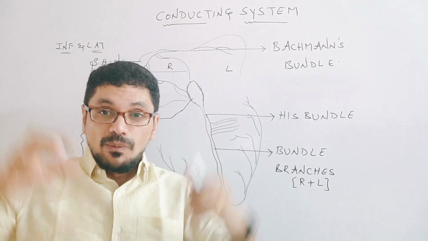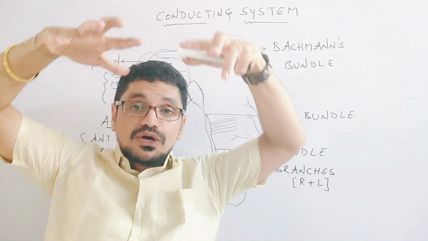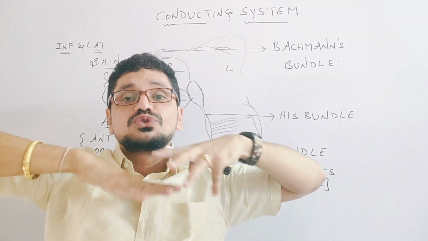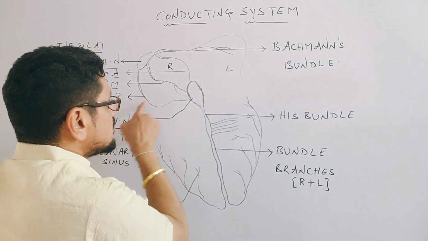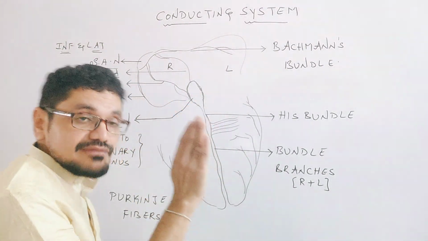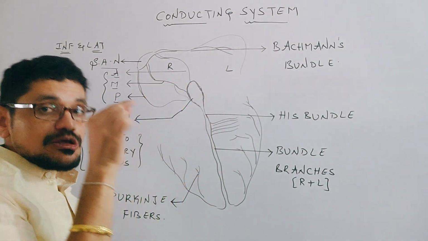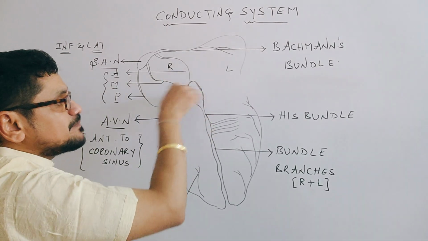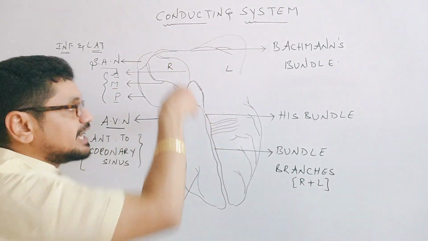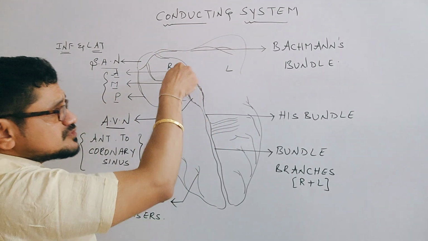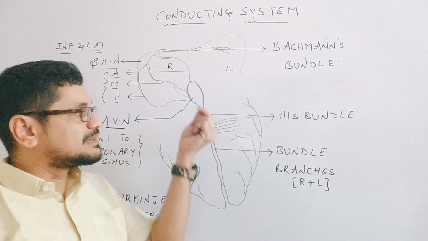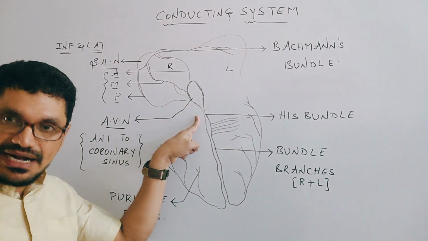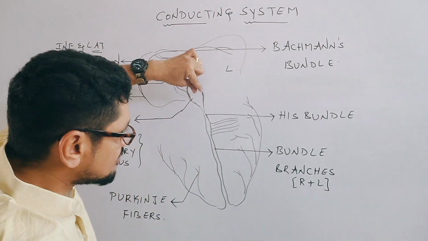That is the reason the signal will not pass from the entire atria throughout the ventricles. Only in this area will the signal be conducted, because here the fibrous skeleton makes way for the AVN.